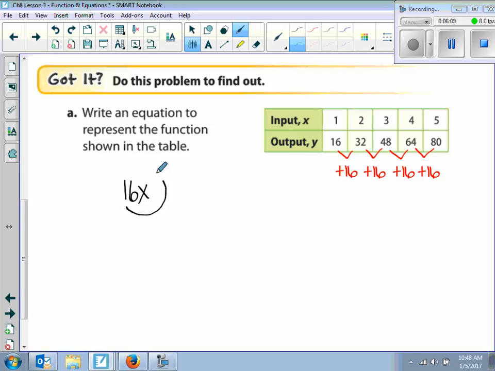So if I multiply 16 times any of the inputs, I'm going to get the output, which is what variable? The y. So all we do here is add y equals. So y equals 16x is the equation that represents the function table.